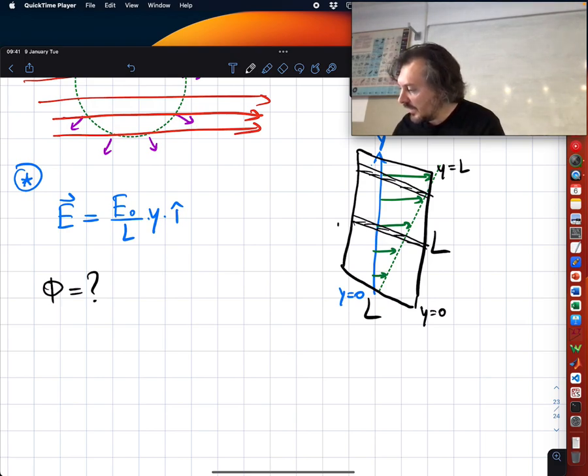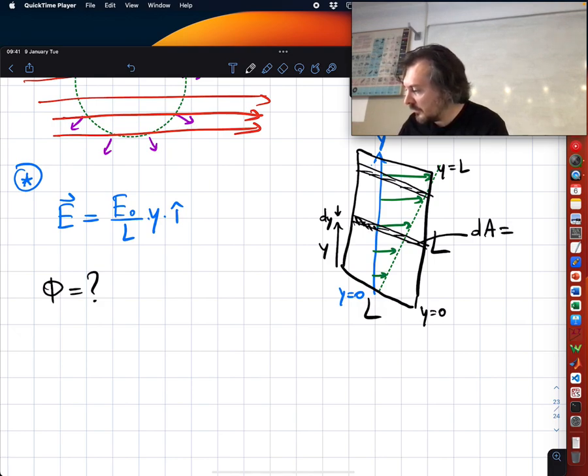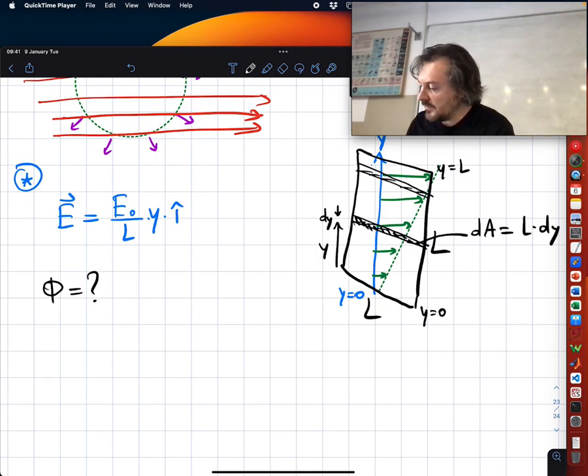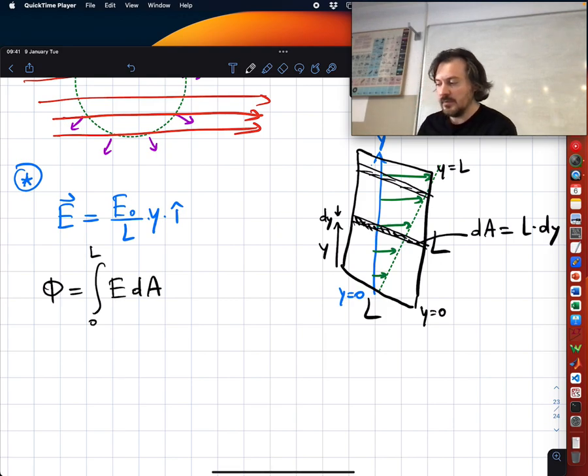So you are going to have y, and then you are going to have dy over here. And dA is going to be, you tell me, dy times L. And the flux is going to be the integral from 0 to L of E dA. It's always perpendicular, right?